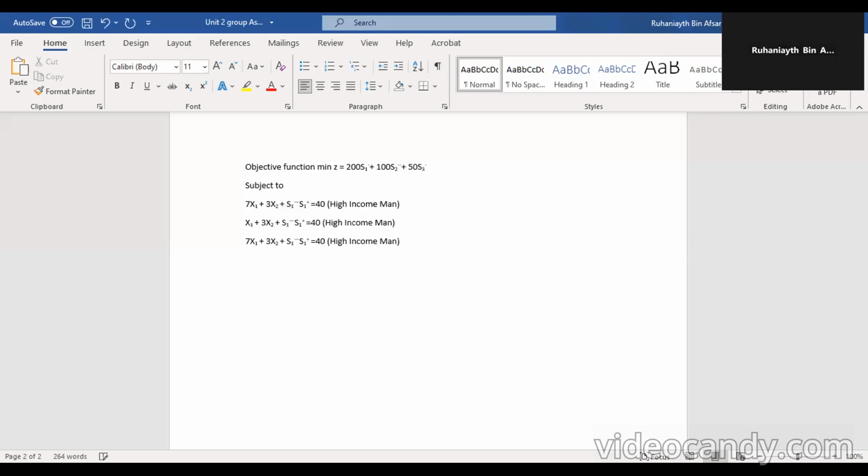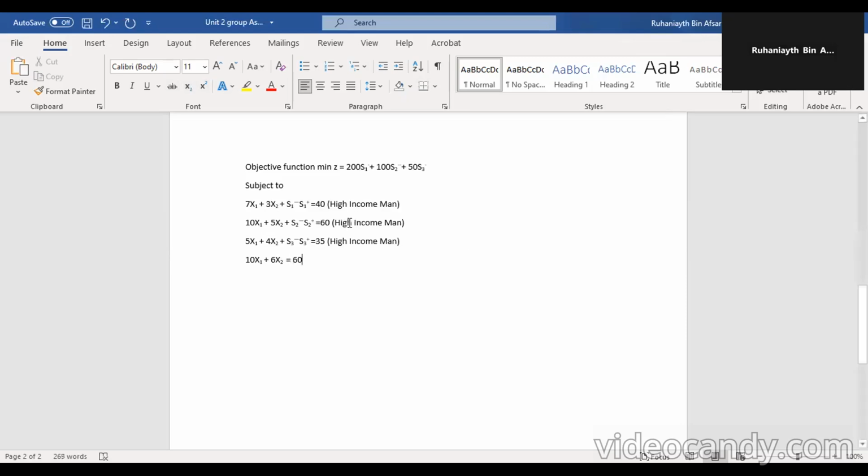The last is 10 x1 plus 6 x2, which is equal to 60.